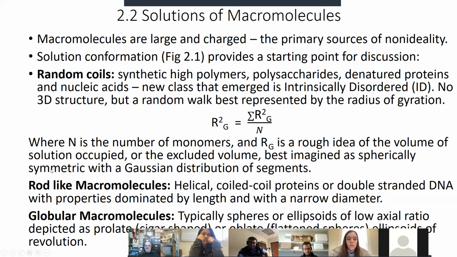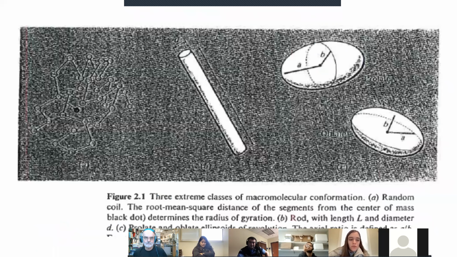They could have spherical symmetry if they're random coils. They've randomly expanded, so you can think of it as a Gaussian distribution of segments, or they could be a compact shape. Alternatively, you could have things that are rods. So you can imagine double-stranded DNA, some kind of a coiled-coil transition, some kind of a structure that has a long length and a short diameter. Okay, so that's depicted in this figure from the book.